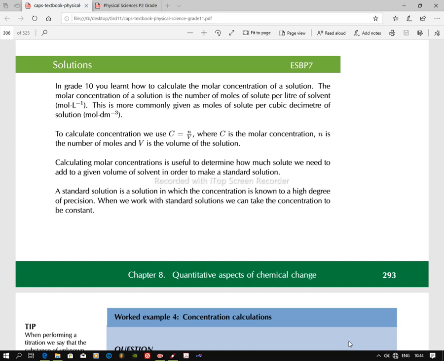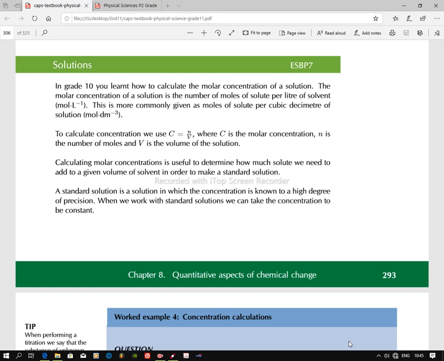So take your current class seriously, because if you don't take grade 11 seriously, you're going to face challenges when you get to grade 12. They say the molar concentration of a solution is the number of moles of a solute per liter of solvent.